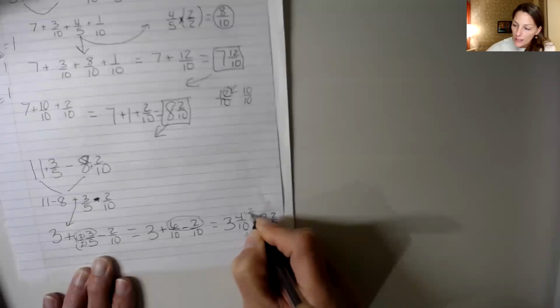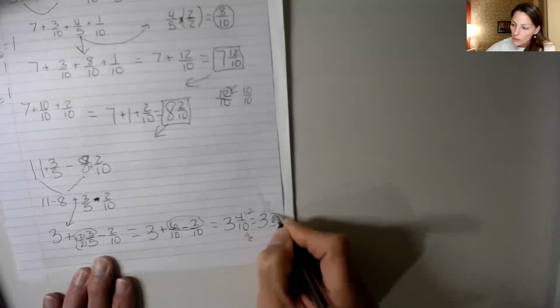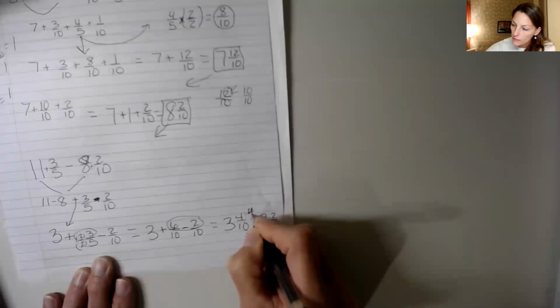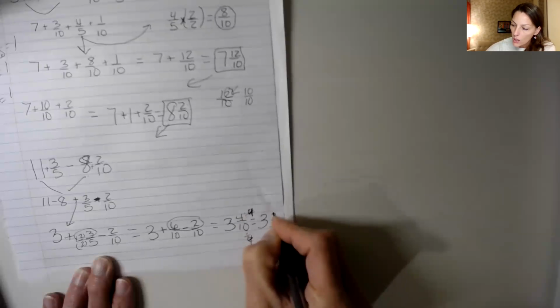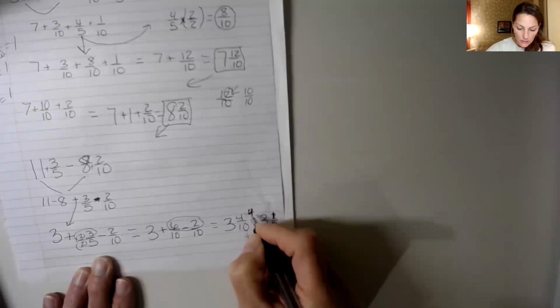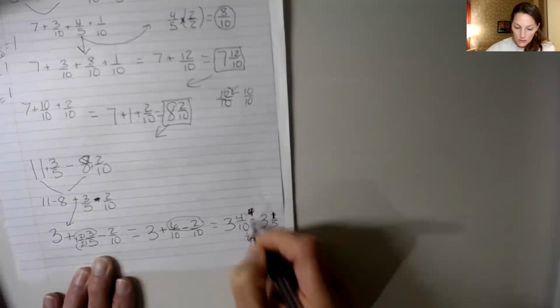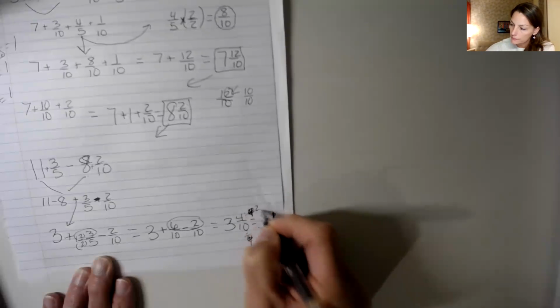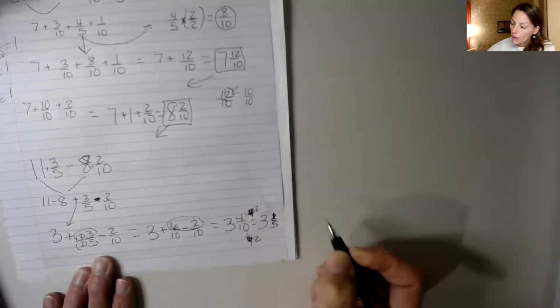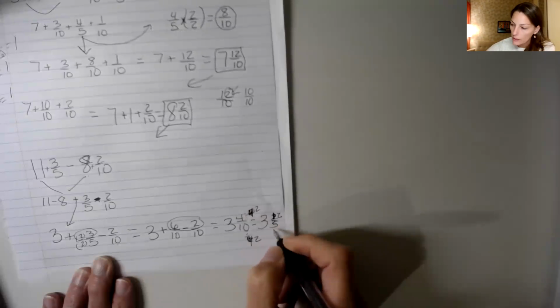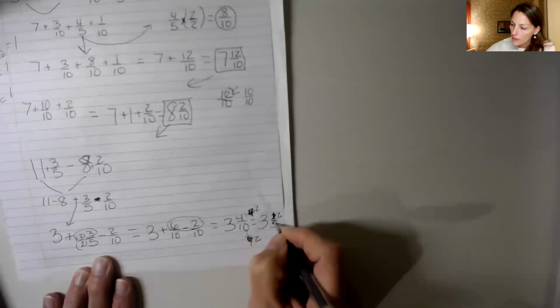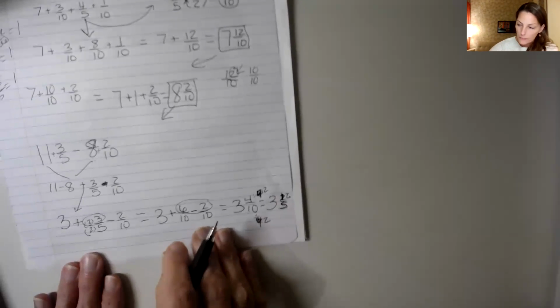Because 4 divided by 2 is 2, and 10 divided by 2 is 5. All right.